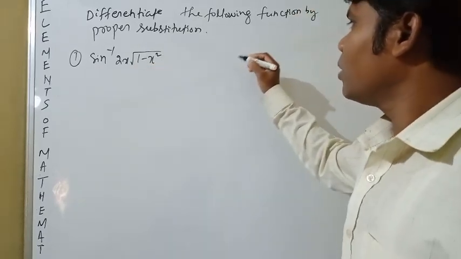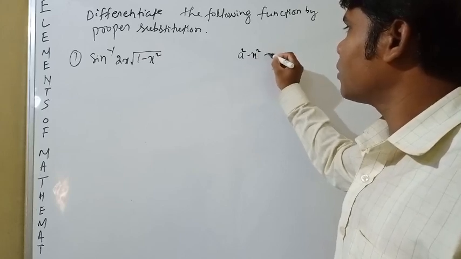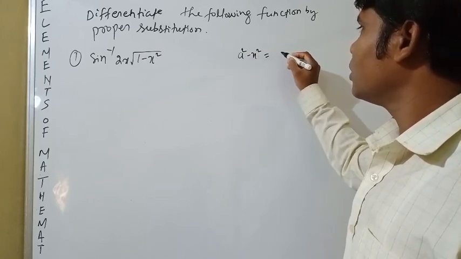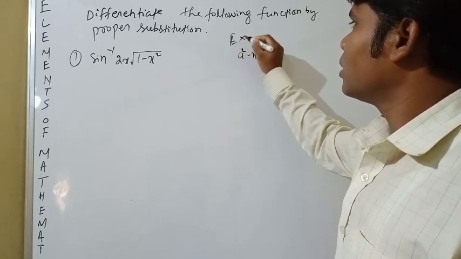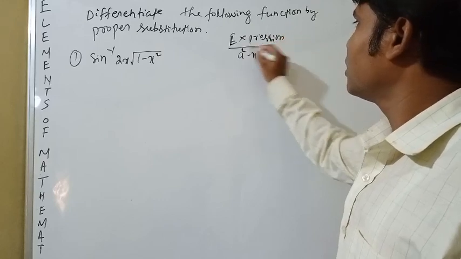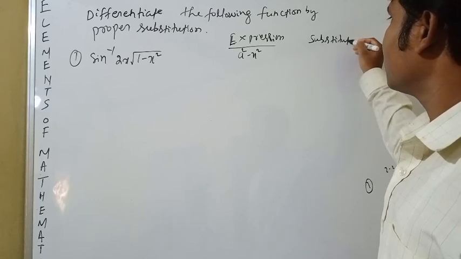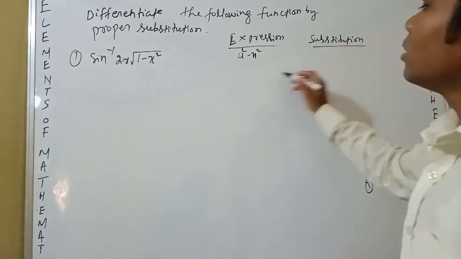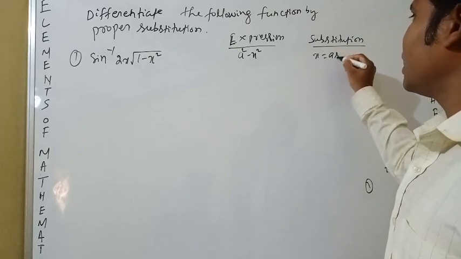Here you see, for substitution, whenever a square minus x square is given, we have to put x is equal to a sin theta.